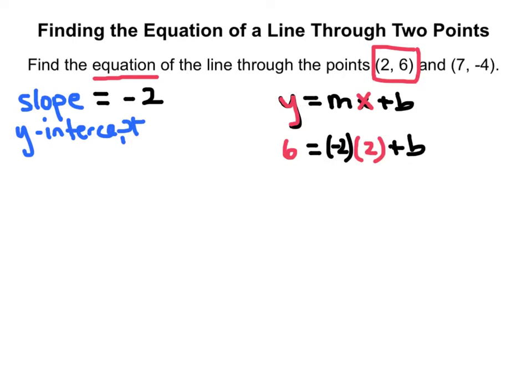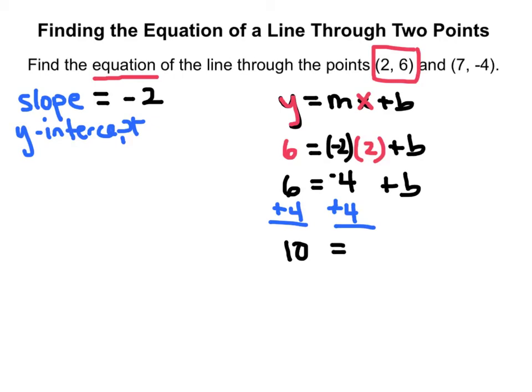To solve this equation, we will simplify the right side. Negative 2 times positive 2 is negative 4, and we still have plus b. To solve for b, we'll add 4 to both sides, and we get the y-intercept b equals 10.